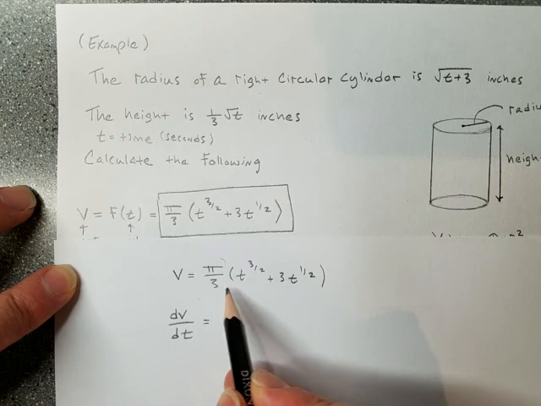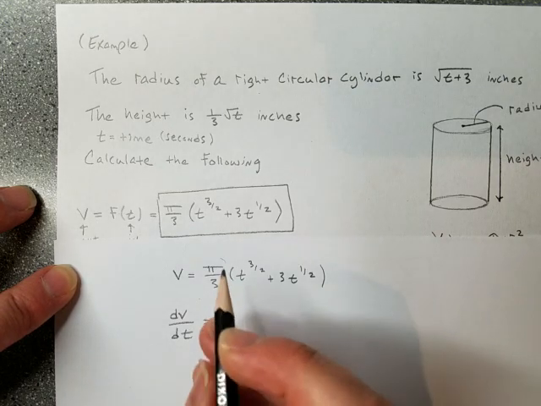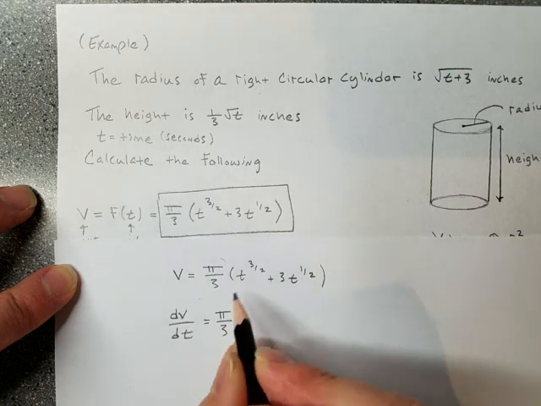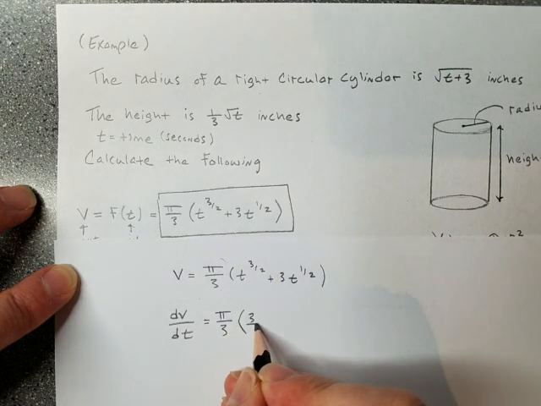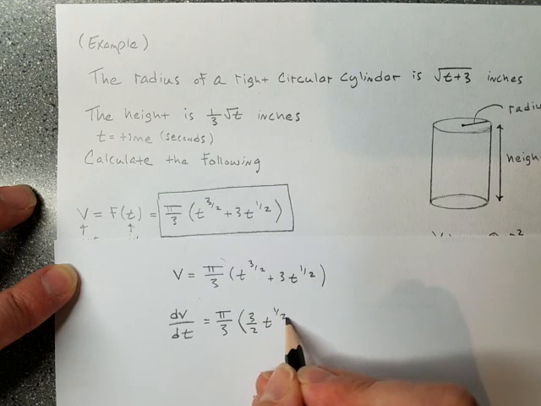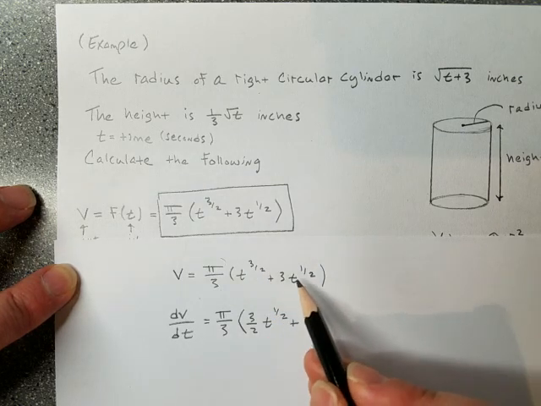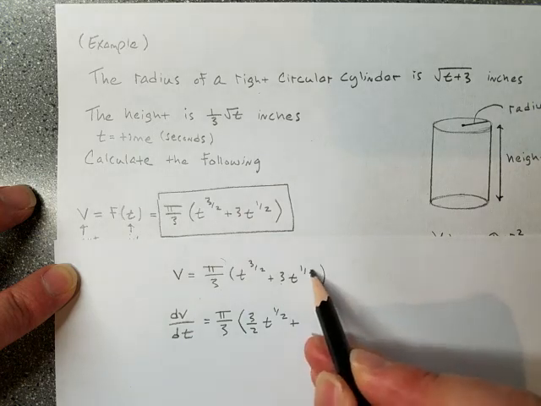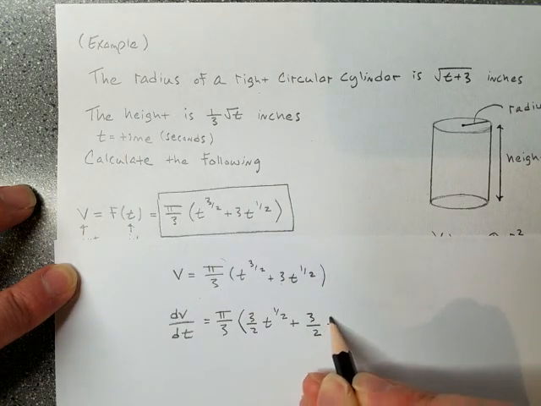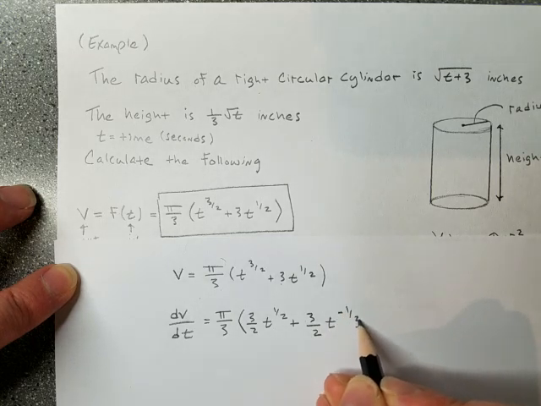I got a constant times a function. I'll carry that constant down in this case. Here I'll get 3 over 2 t to the 1 over 2 plus, I carry this 3 down, bring the 1/2 down, I'll get 3 over 2 again, t to the minus 1 over 2.